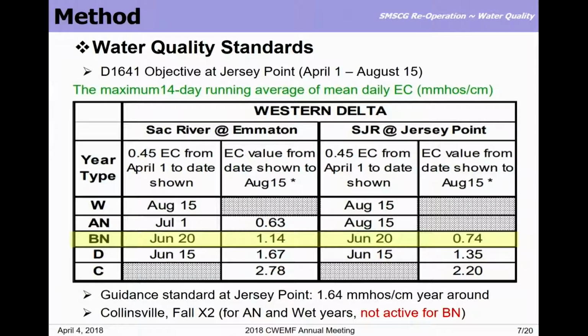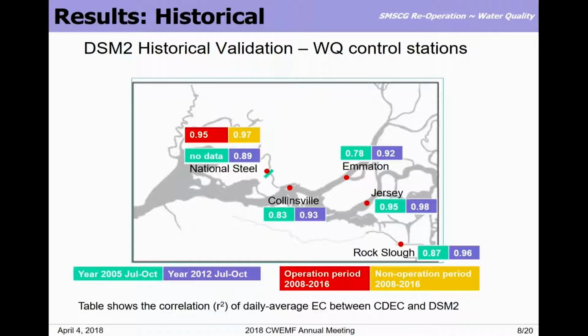So we're not going to worry about Collinsville this year, but later on we are going to worry about that, because this one is an even more stringent constraint for the flow.